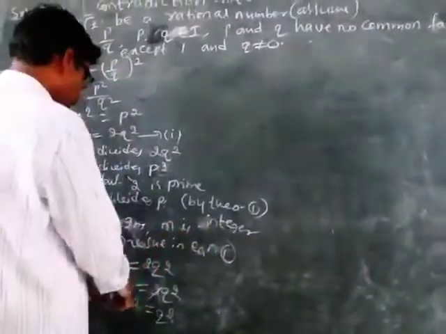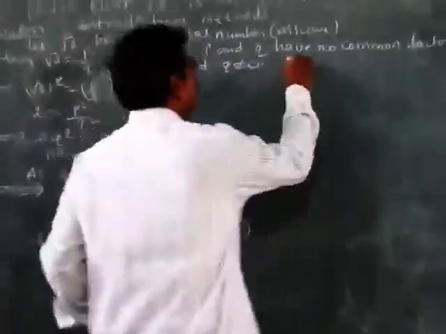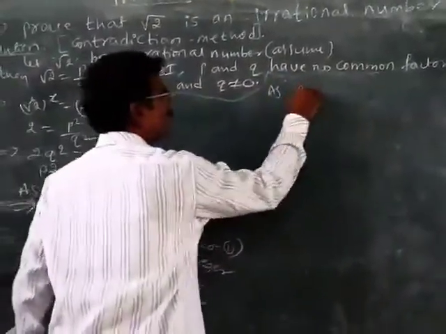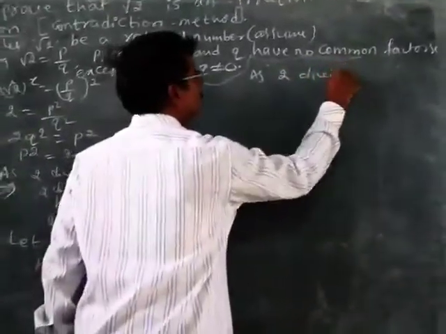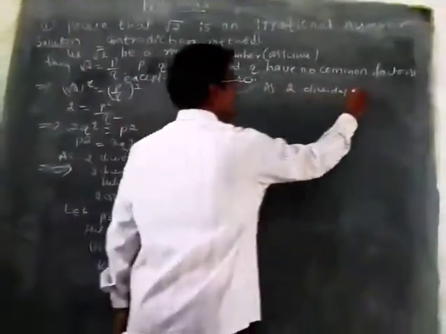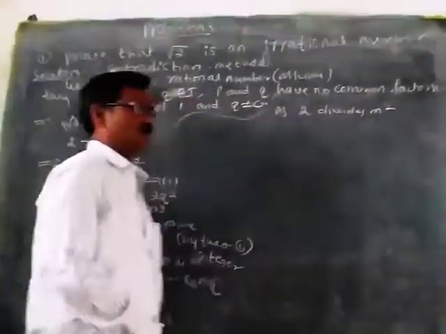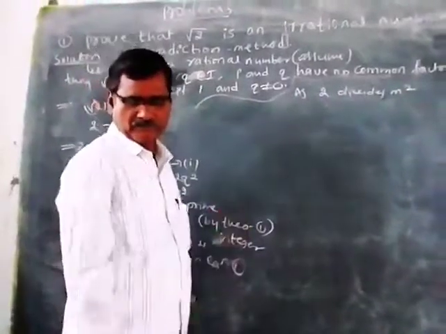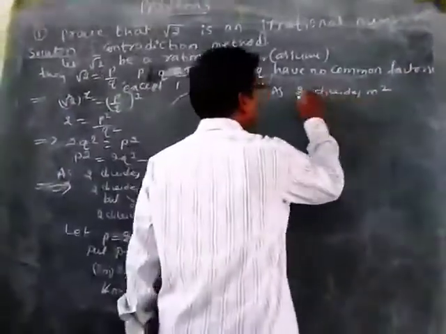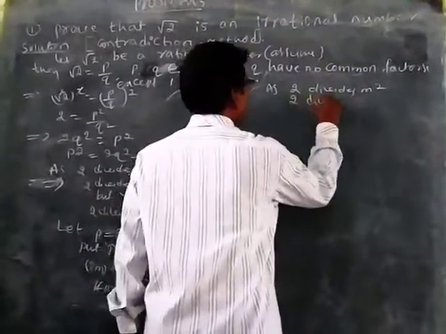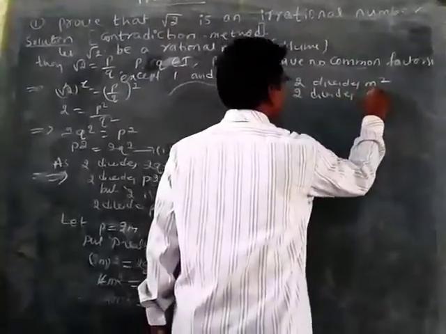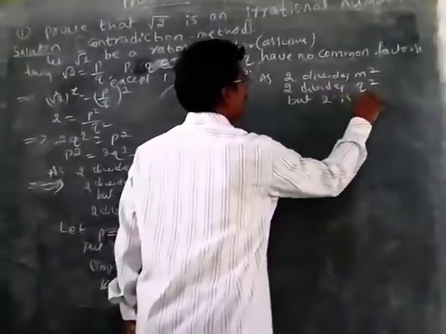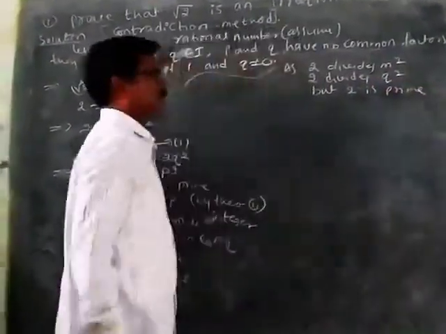Now as 2 divides m square, then 2 divides Q square, but 2 is a prime. Note that 2 is a prime number.